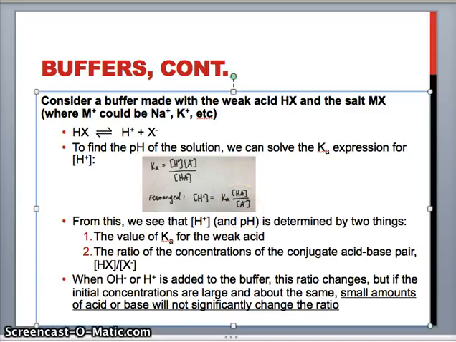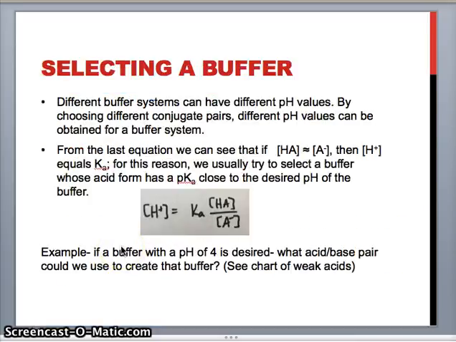So now we're going to look at how to select a particular type of buffer. Because buffer systems can have different pH values, and in industry you may need a pH of a specific value, like a pH of 3 for a specific chemical reaction to happen, or for your blood you want it to be at a specific pH.